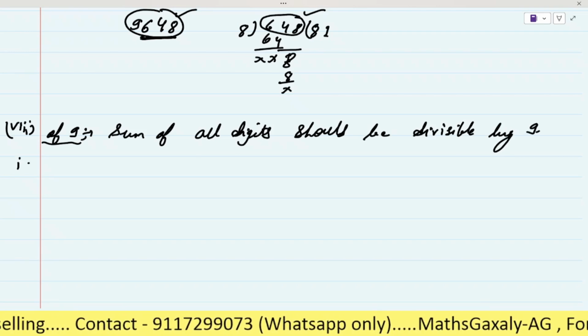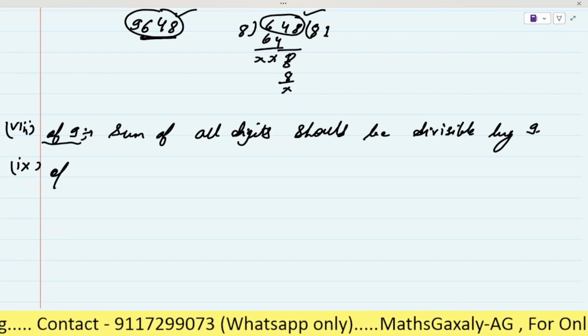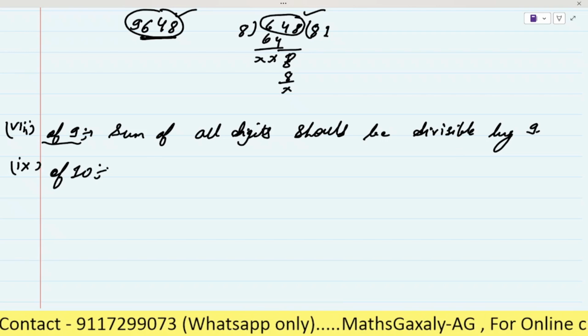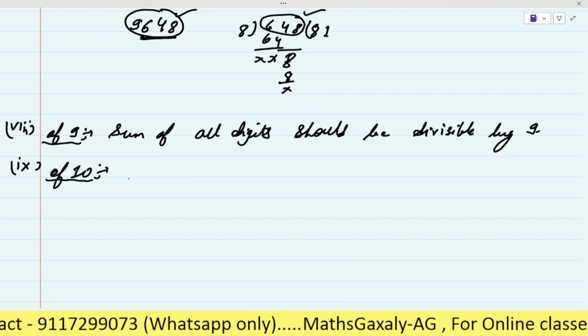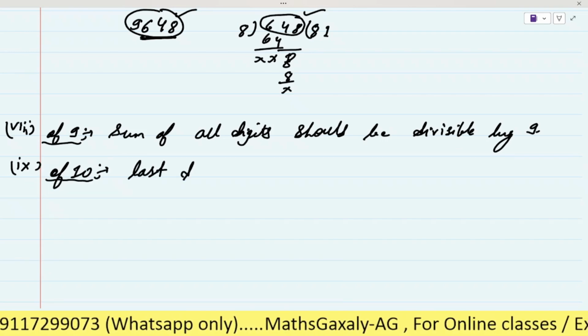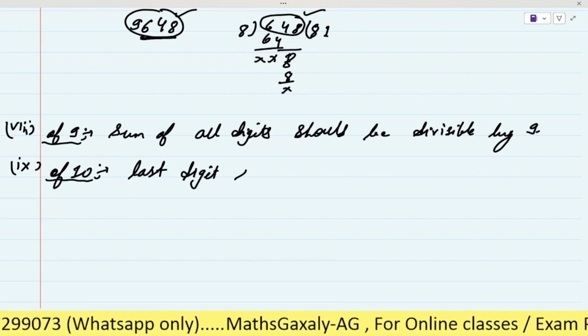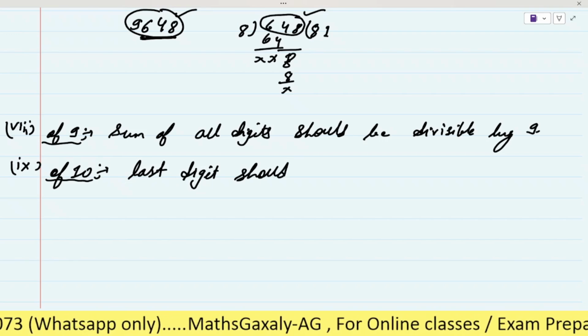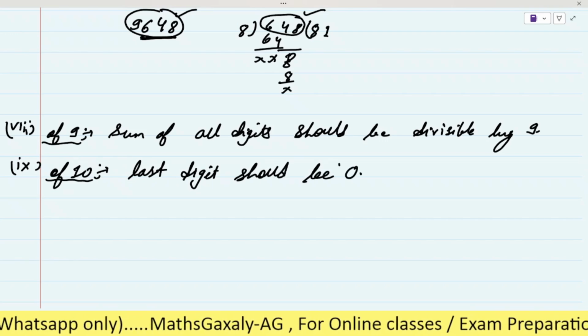Is it clear? Now what is the divisibility rule of 10? It's too easy. The last digit should be 0.